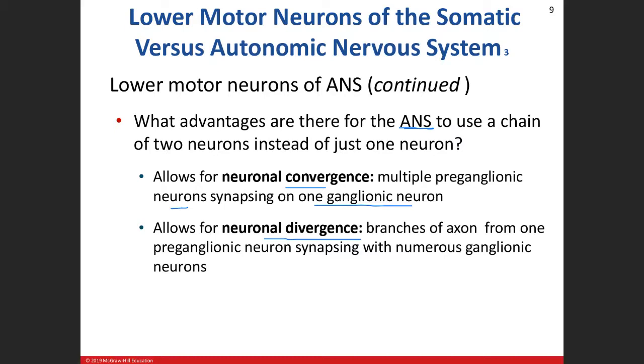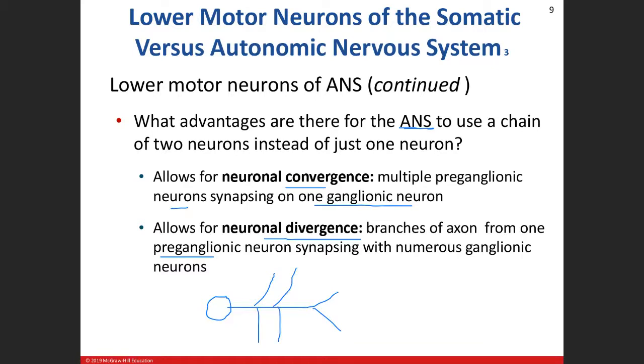Neuronal divergence is when we see branches from the axon of the preganglionic neuron. If you remember back to chapter 12, when we were learning about neurons, you have your multipolar neuron, and you briefly heard me talk about how the axon can have what we call axon collaterals.